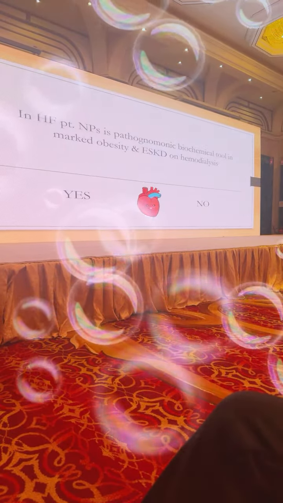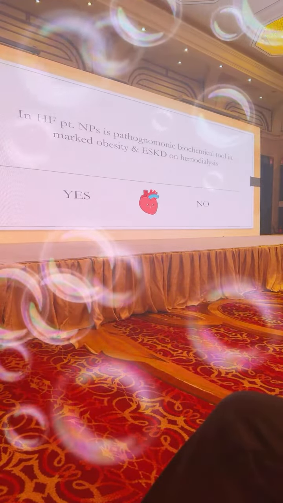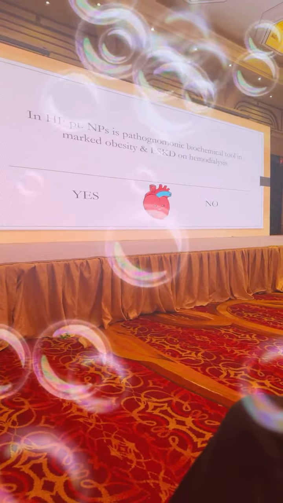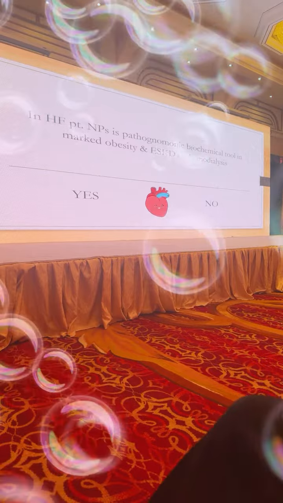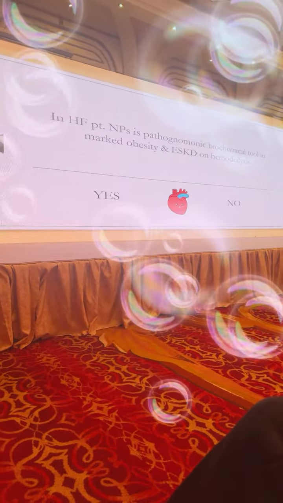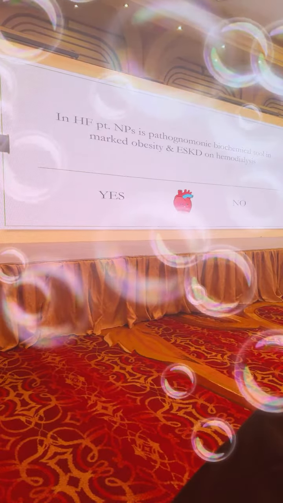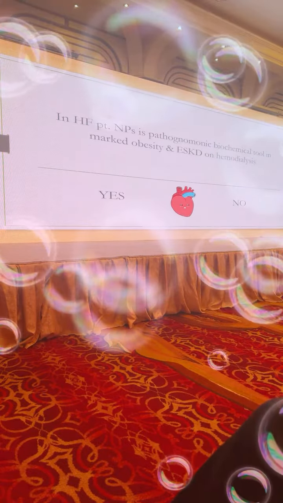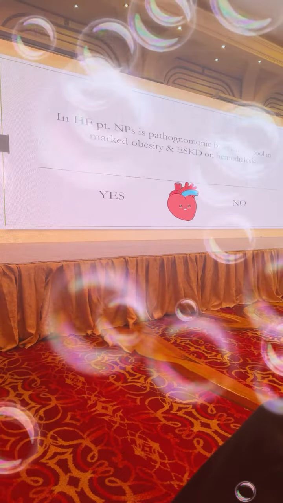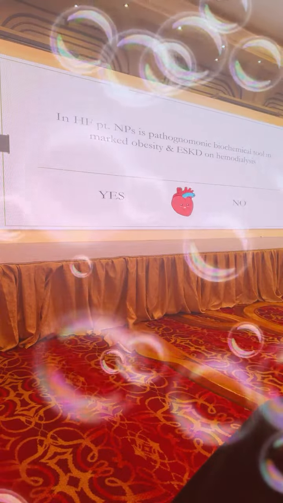Nicely. This is actually important to know if you are working in the ER, colleagues. First, in heart failure generally, natriuretic peptide is a pathognomonic biochemical tool to diagnose heart failure, except in markedly obese people and in end-stage renal patients on dialysis.